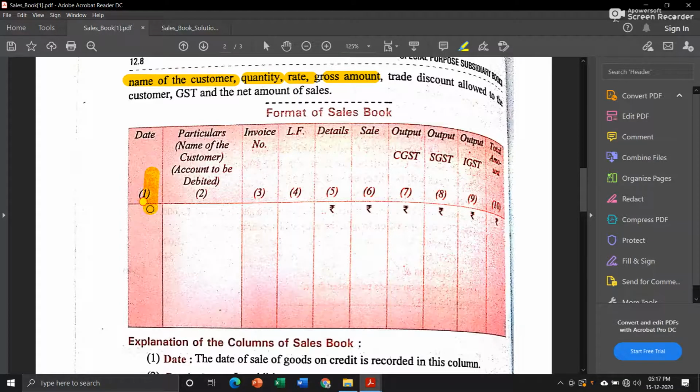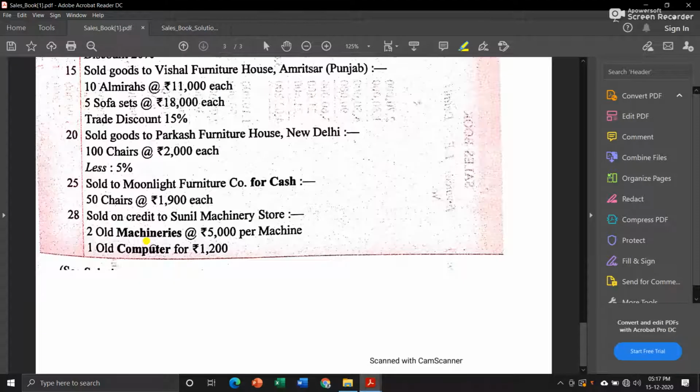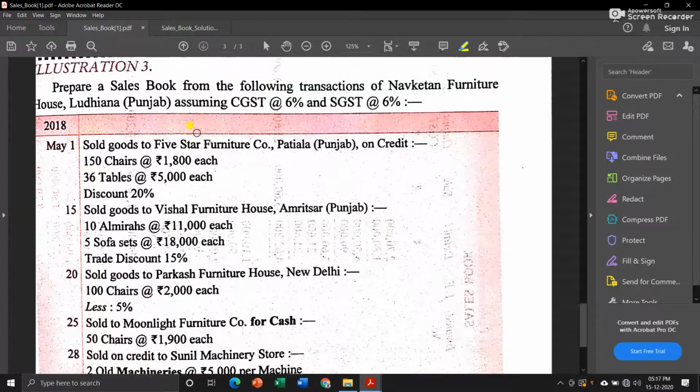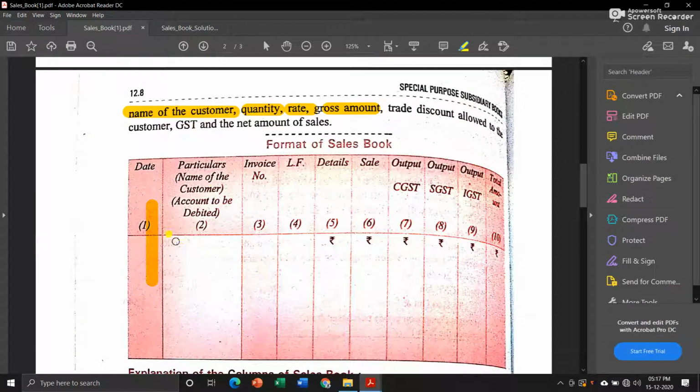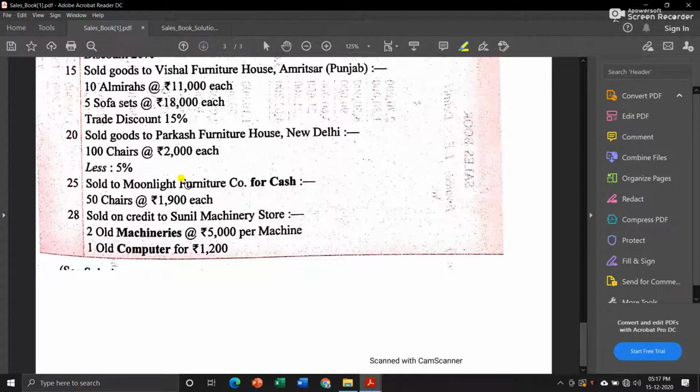Now see, first column is date column, it will be same. Then second column will be particulars, similar to purchase book.